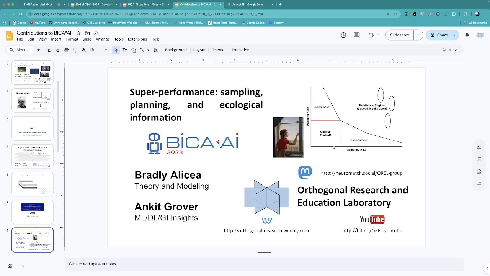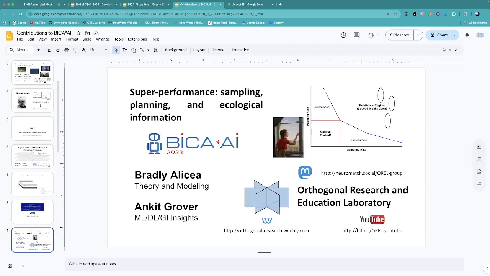So flies are higher samplers or maybe even super samplers, whereas humans tend towards super planning rather than super sampling. And we explored these different regimes of super planner, super sampler, an optimal trade-off between the two, and then a relativistic regime where you can have both super samplers and super planners.